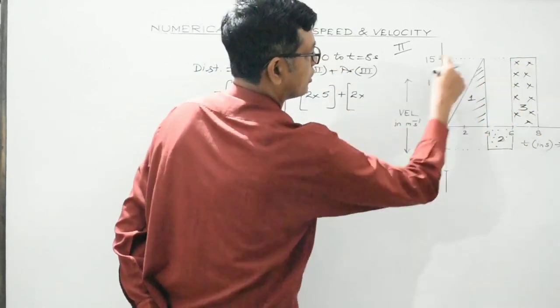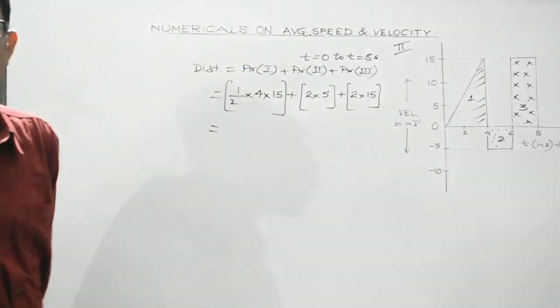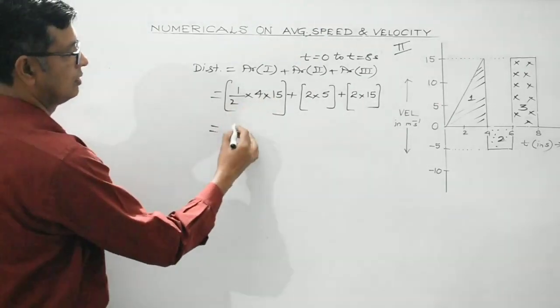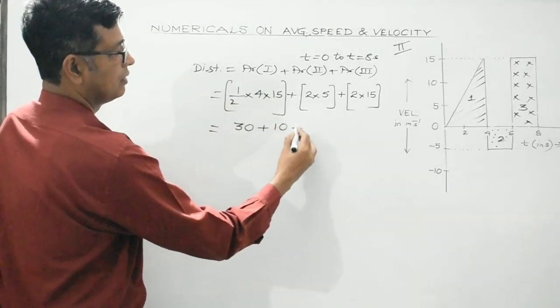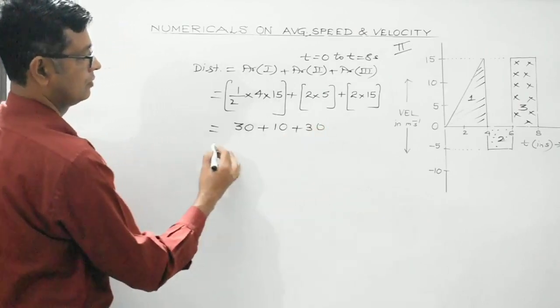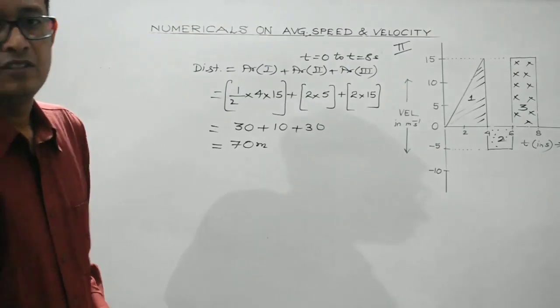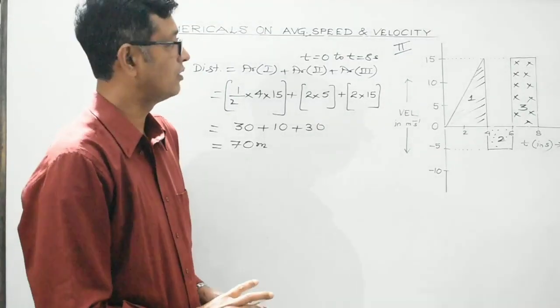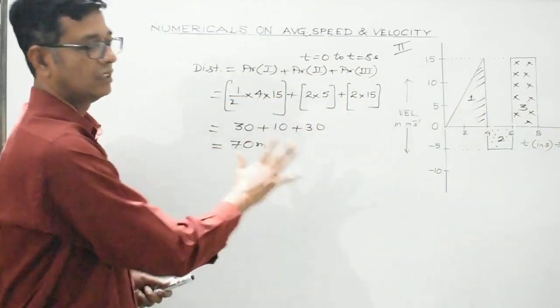And this dimension is 15 units. So, we can easily solve it. So what I get is 30 plus 10 plus 30. So it is 70 meters. So distance covered by the body between the interval t equals 0 to t equals 8 seconds is 70 meters.